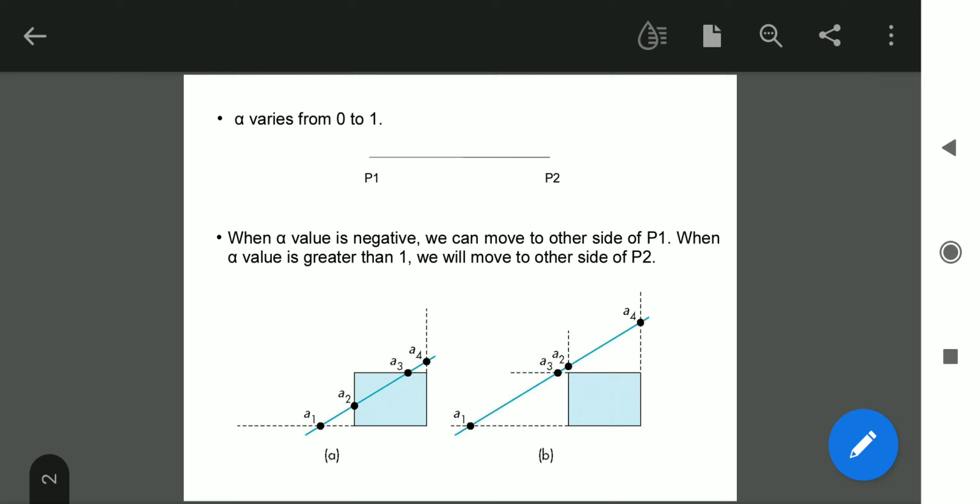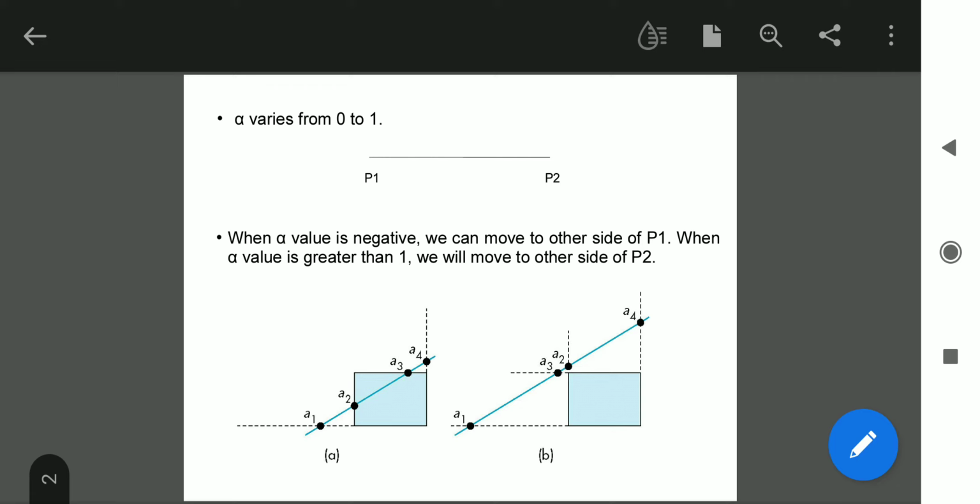Then the second intersection point is alpha 2, where alpha 2 is always with respect to the x minimum value. Then we calculate alpha 3, with respect to y maximum value, and the last one is alpha 4, with respect to x maximum value.